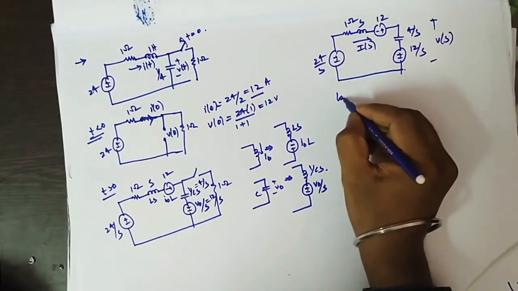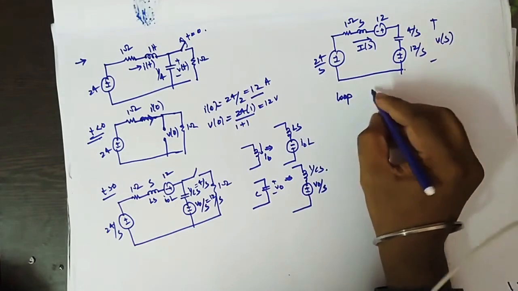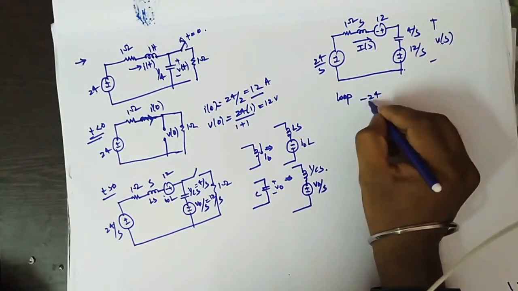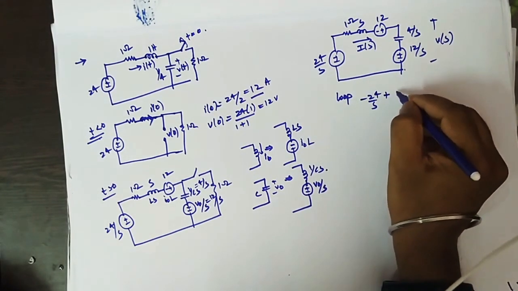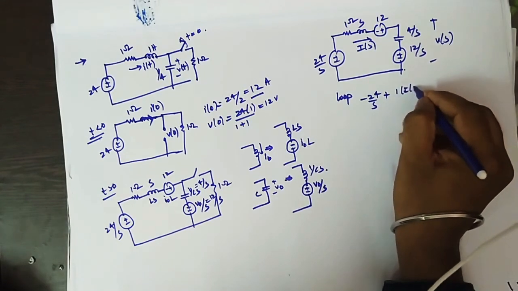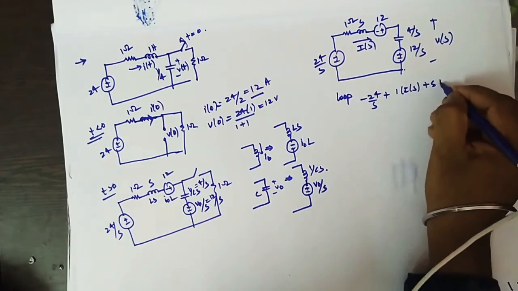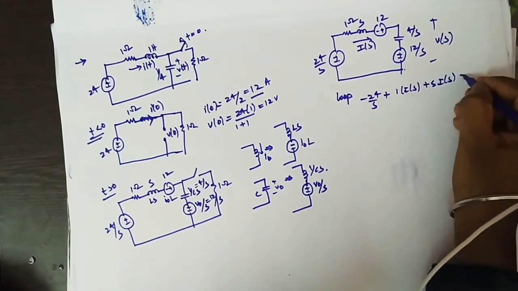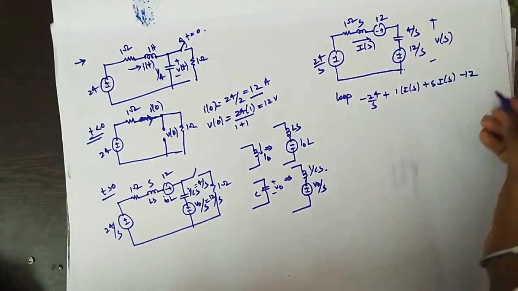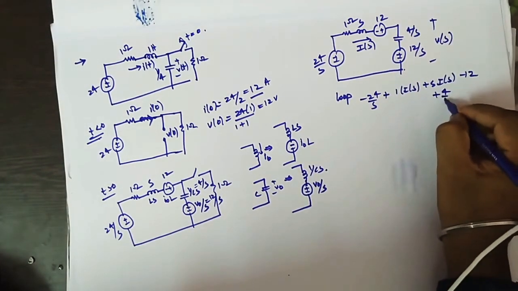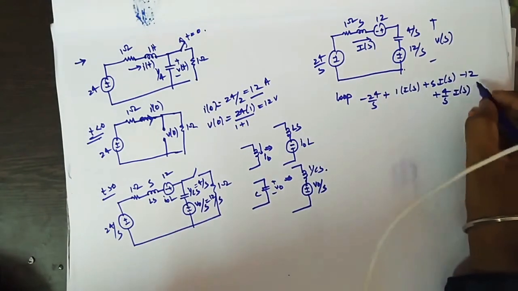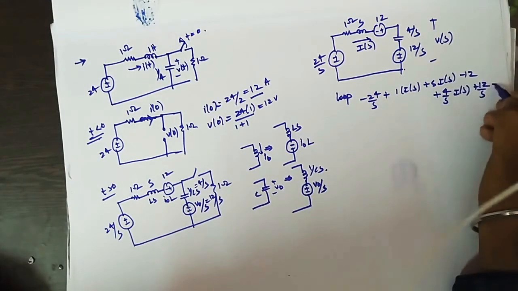So by loop equation, we get minus 24 by S plus 1 into I of S plus S into I of S minus 12 plus 4 by S into I of S plus 12 by S equal to 0.